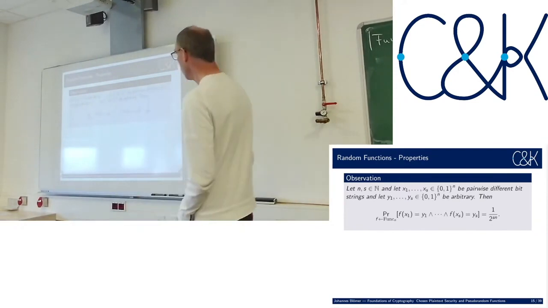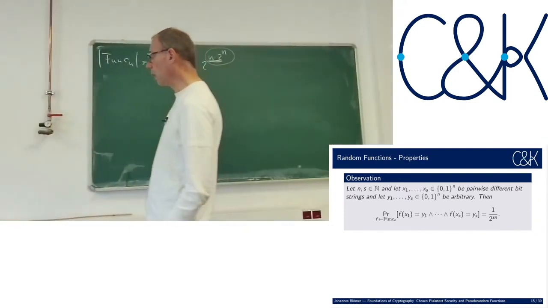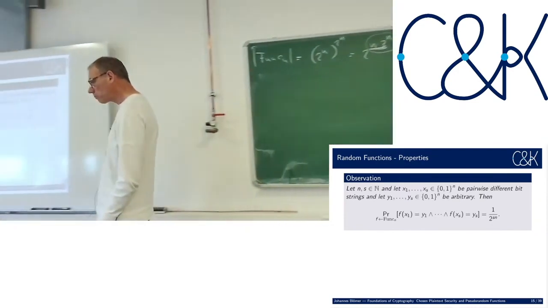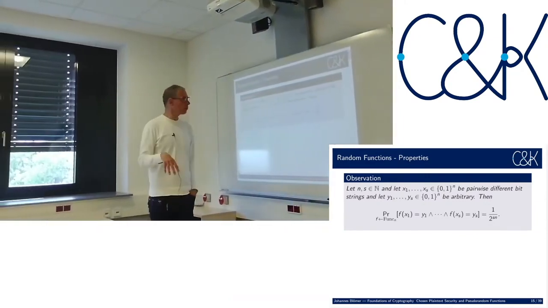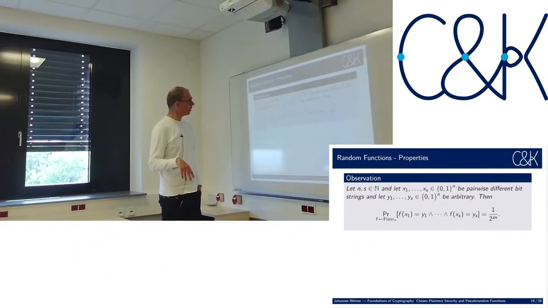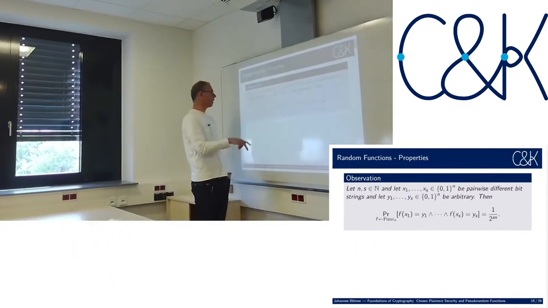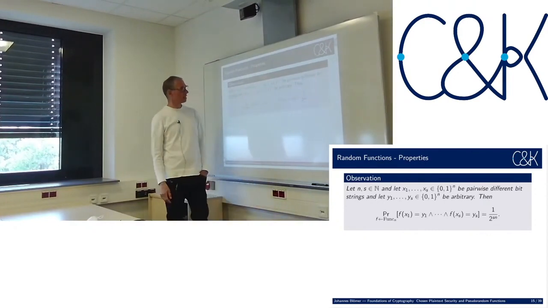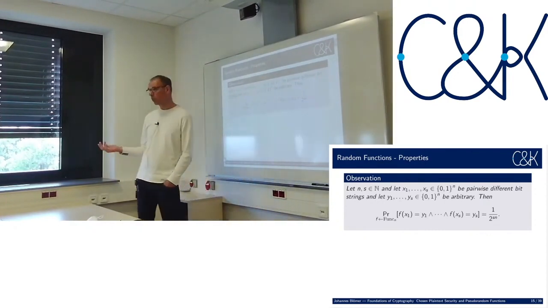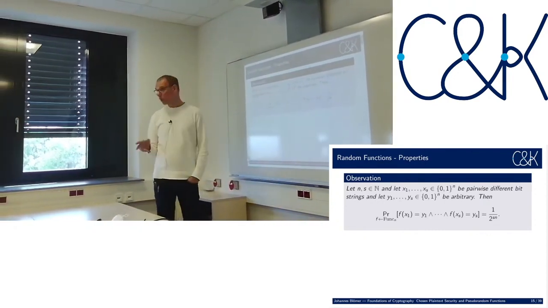Here we have the first observation on random functions, and I will prove that in quite a detailed way. Let n and s be natural numbers. Then we have x1 through xs in {0,1}^n, pairwise different bit strings.